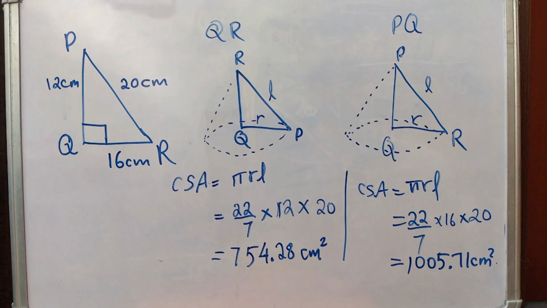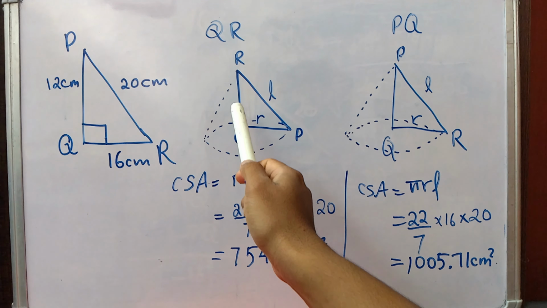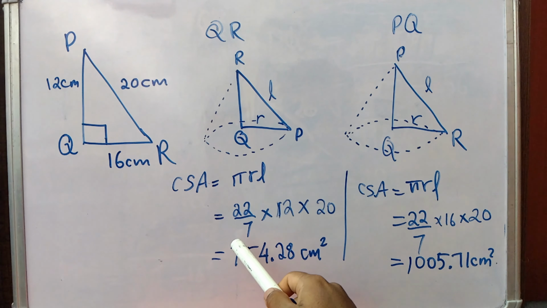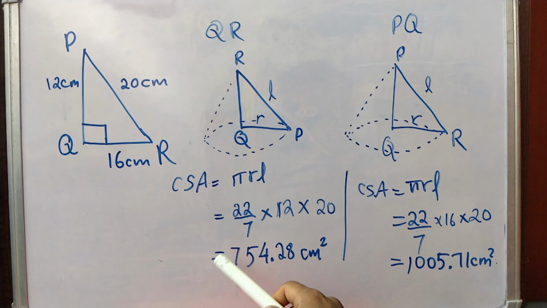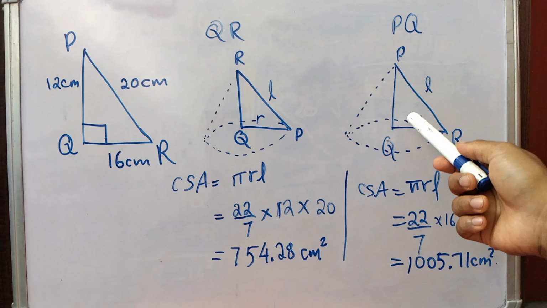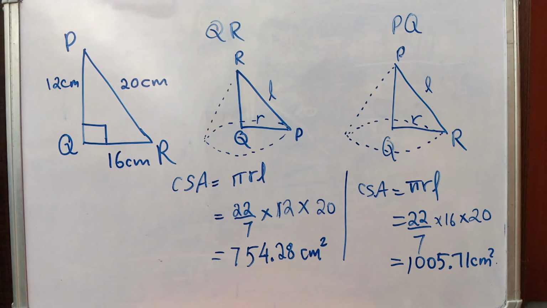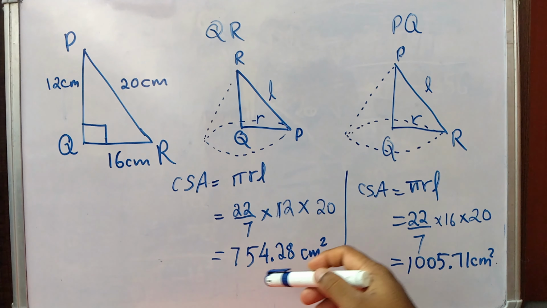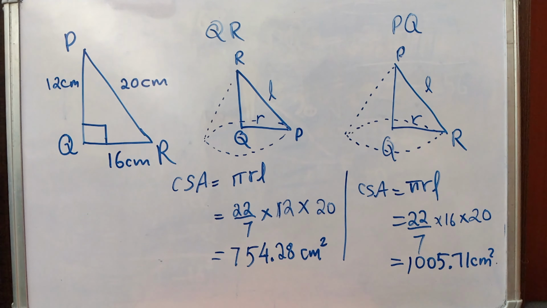So what do we infer from this? They have asked us to compare. The cone that we have formed by rotating the triangle about the QR axis has a smaller CSA when compared with the cone formed by rotating the triangle about the PQ axis. We have 754.28 and 1005.71, and we clearly observe that 1005.71 is greater than 754.28.